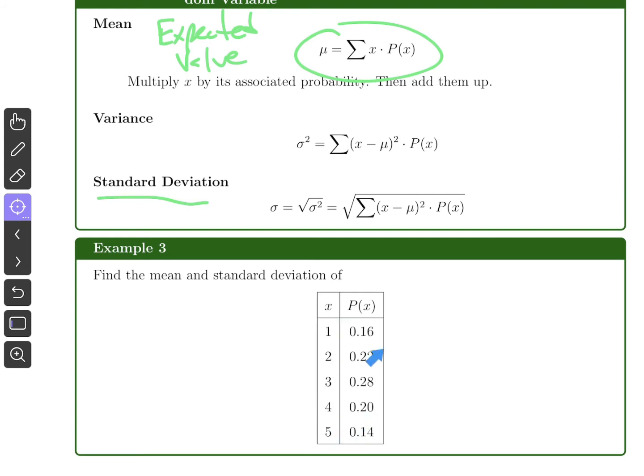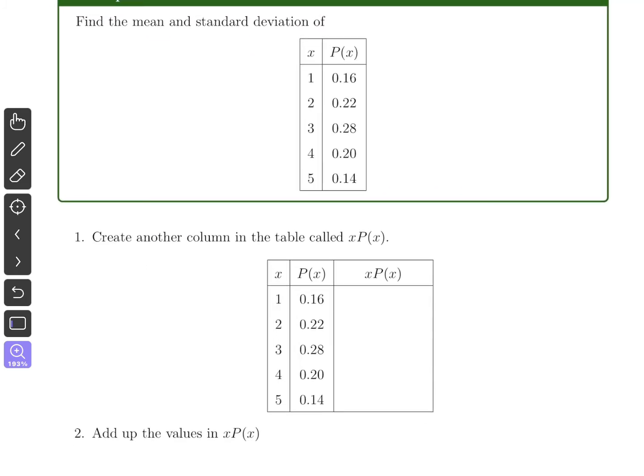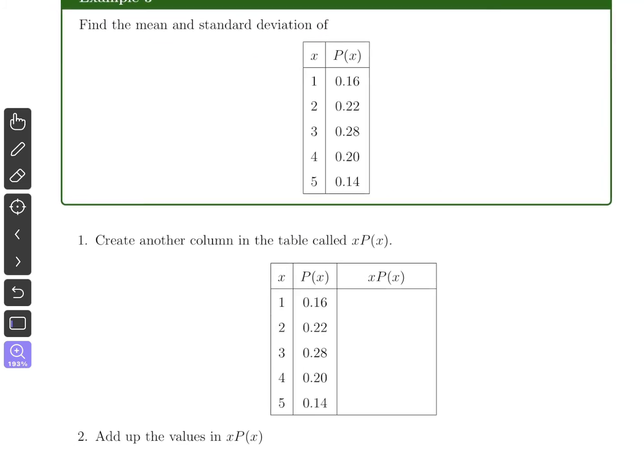So we have this valid probability distribution that we just looked at, and I want to calculate the mean and standard deviation. Now, doing it by hand, which is a good thing to try just to make sure that you can do it, you're going to set up a table. Again, this is the probability distribution, and then you set up another column.